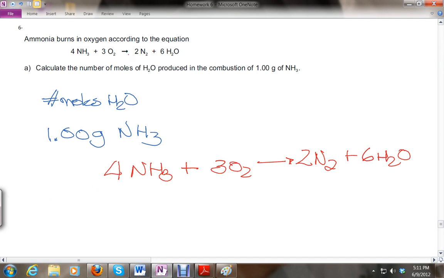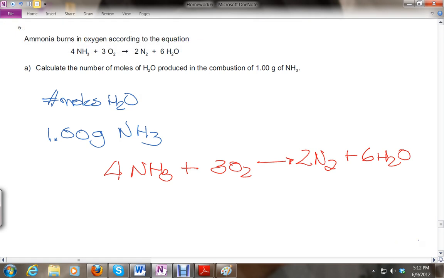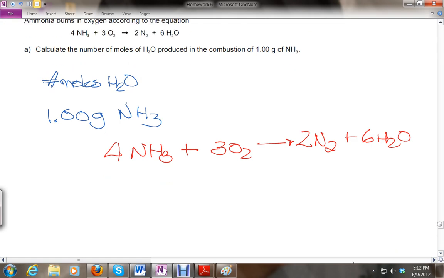So you got 1 gram. Oh, we started already to work with grams. So what's the first thing we're going to do? Find out the molar masses. I'm going to go ahead and do it here. We're going to need the molar mass of every element and compound involved.